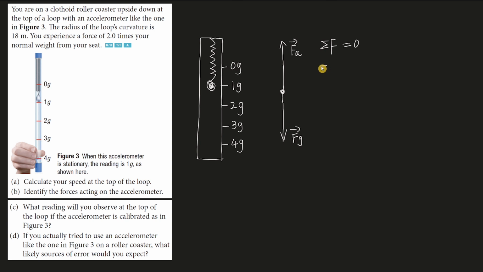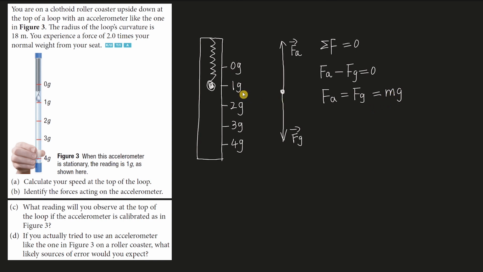So the pulling force of the spring on the ball minus the gravity of the ball equals 0. So the pulling force of the spring on the ball equals the gravity of the ball, equals mg. M is the mass of the ball.